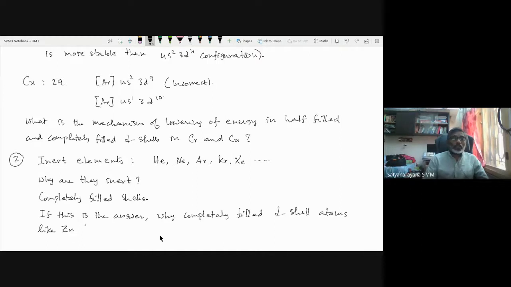Zinc has an electronic configuration of argon 4s2 3d10, right? So this is next to copper. This is not inert, and zinc is very reactive. So why is it not inert? Because here also one shell, the D shell, is completely filled. Or F shell completely filled atoms, that is lanthanides and actinides.